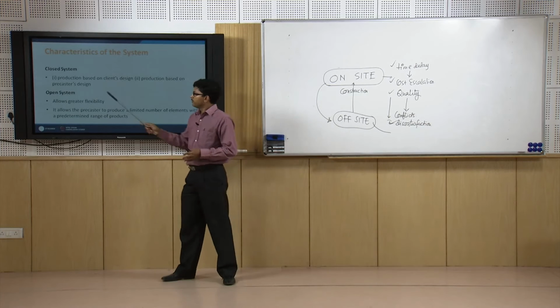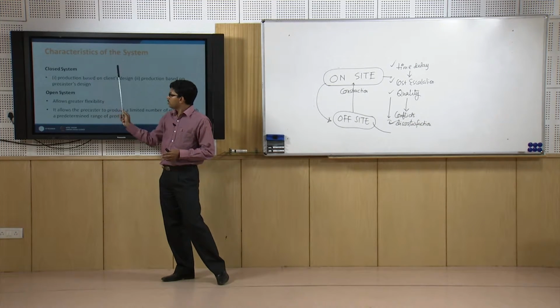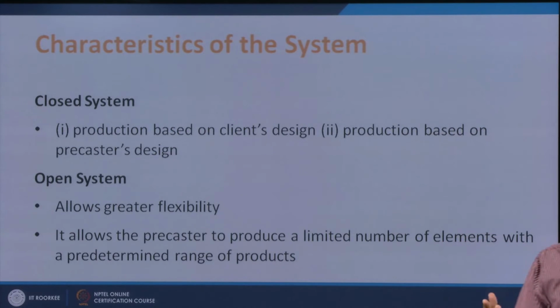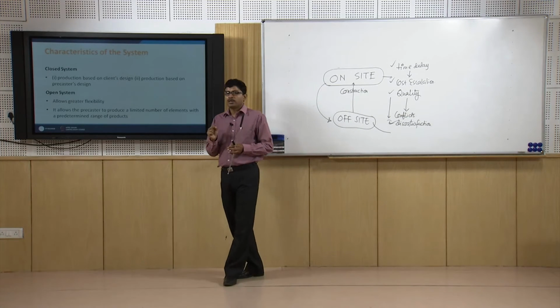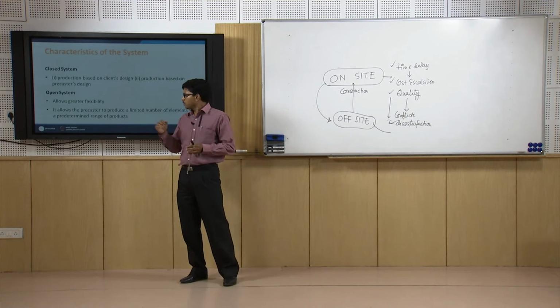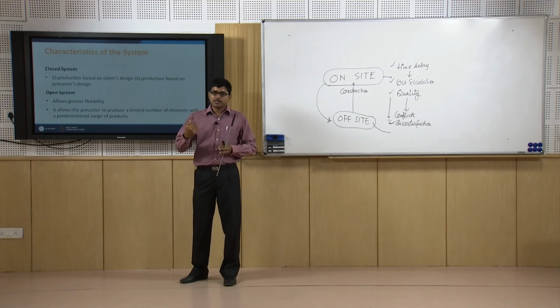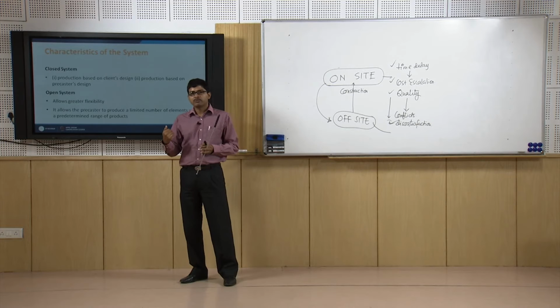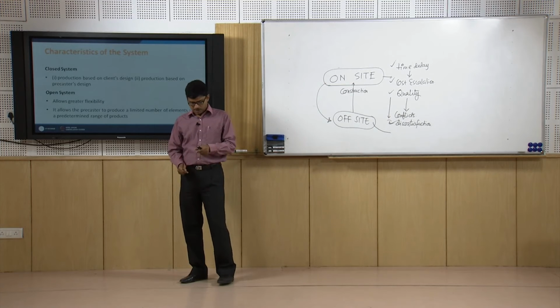Here, since the closed system is dependent on either the producers or the client, it basically encourages monopoly, dependent on very few, one or two large developers or manufacturers. But in the open system many manufacturers, second category, third category, fourth category, small, medium, and very large developers or producers can participate and develop housing.